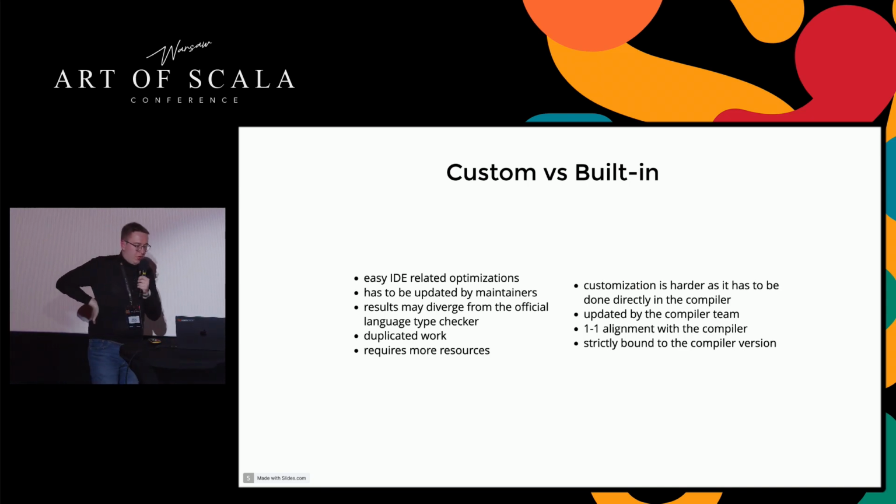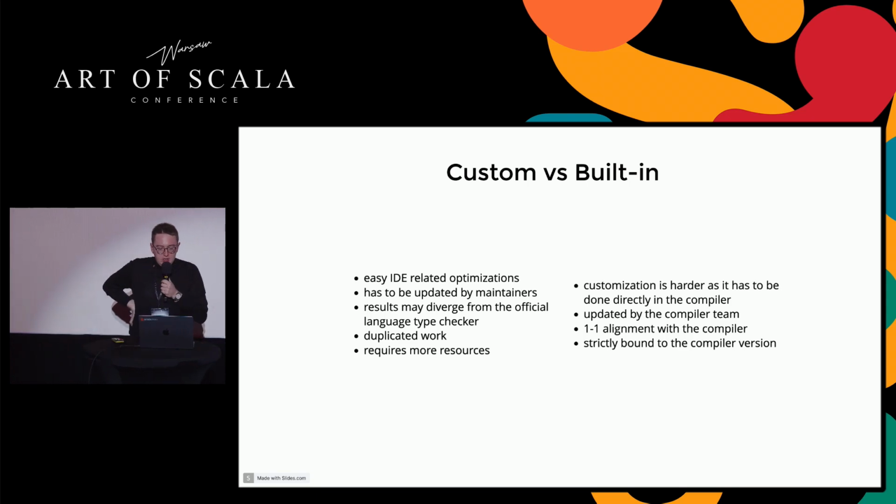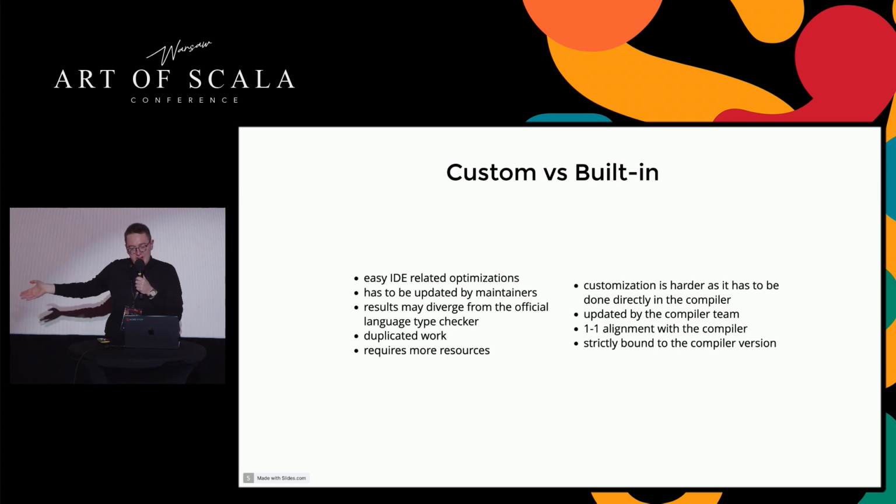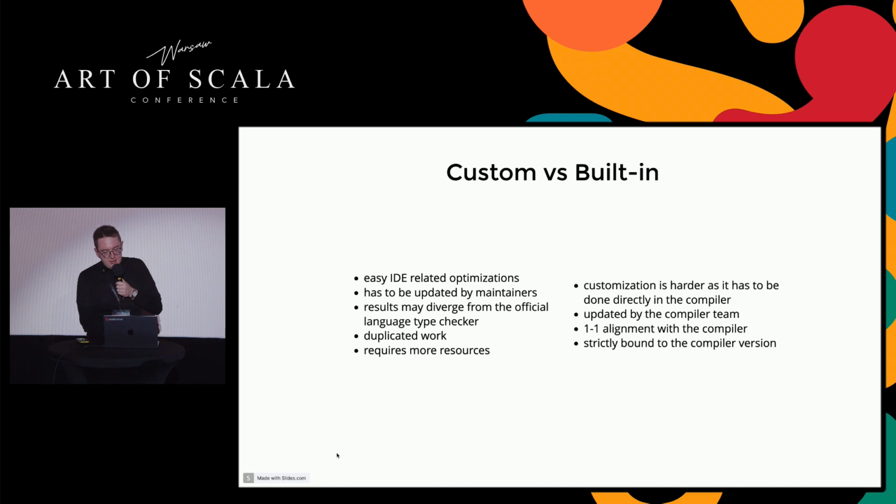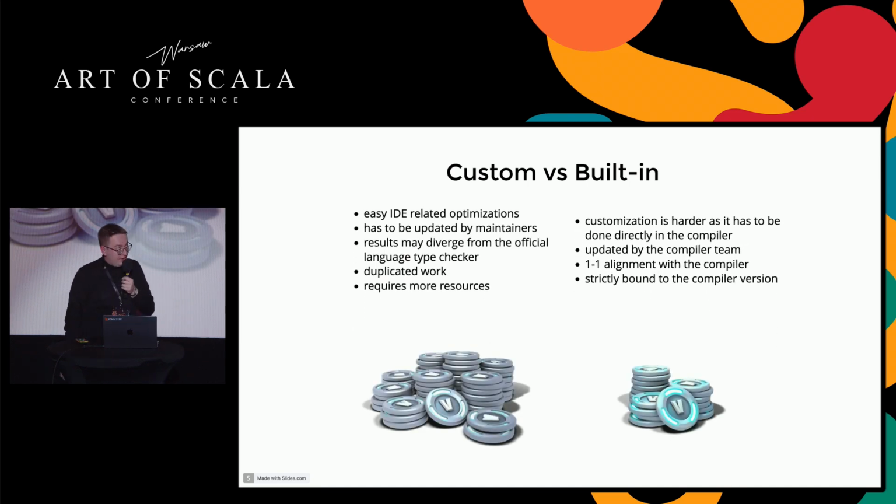It's almost impossible to replicate the same behavior. So you can then expect errors where your compiler has different outputs than your IDE, and this is not nice. Basically, these are false positives. Well, and as I said, it basically requires more resources. So that's it.